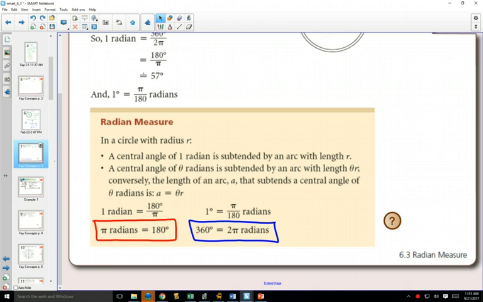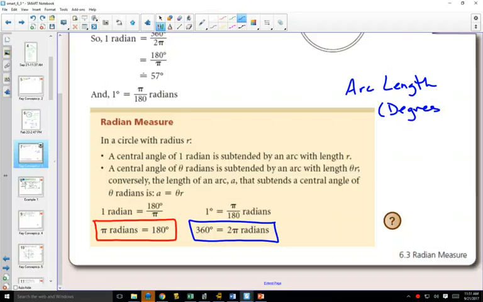Now, this morning, we developed the formula for arc length in degrees. And I don't know why they use the letter S for arc length.